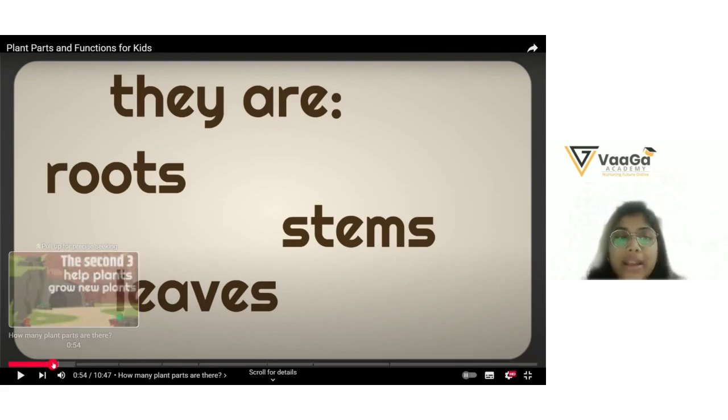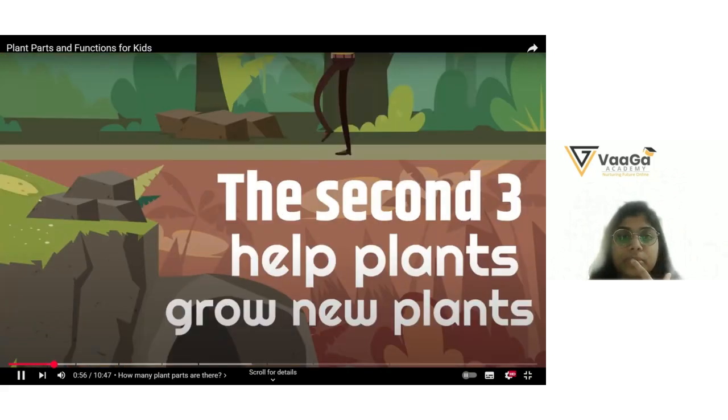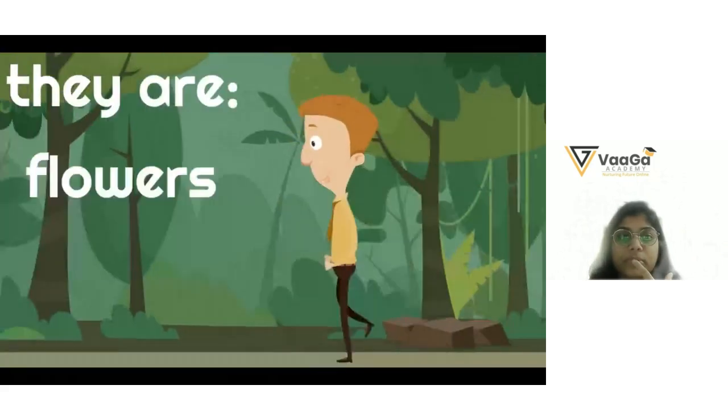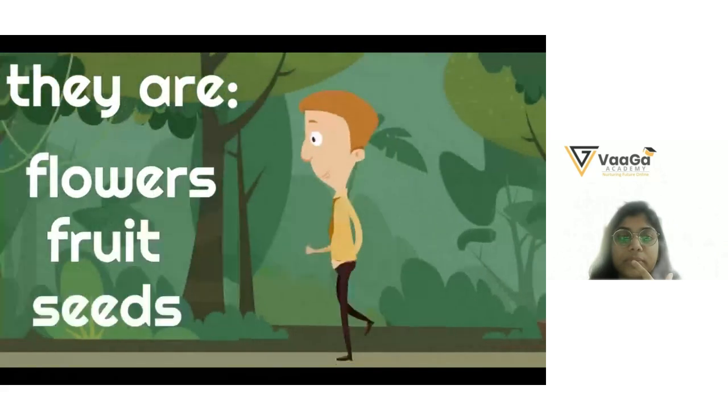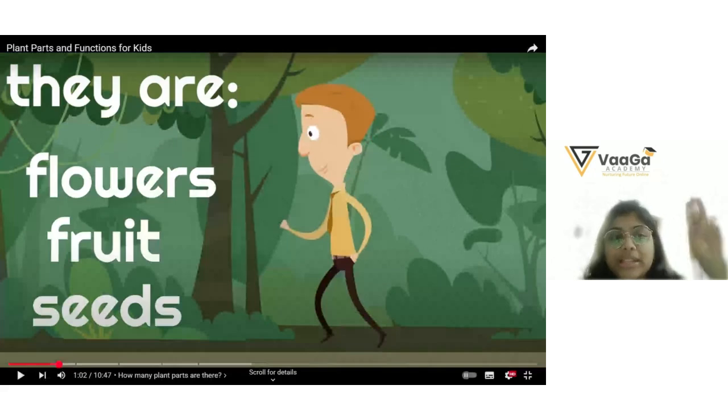Now the next three parts of the plant help plants to grow new plants. So the first three, roots, stems, and leaves, are used to help plants to grow, to make their food, and to get water.